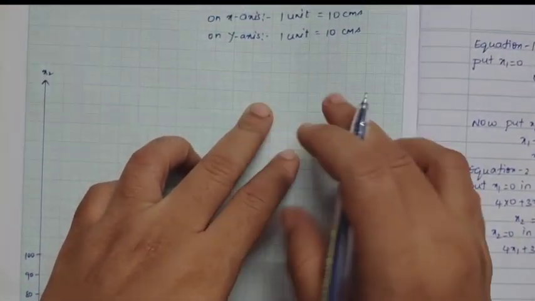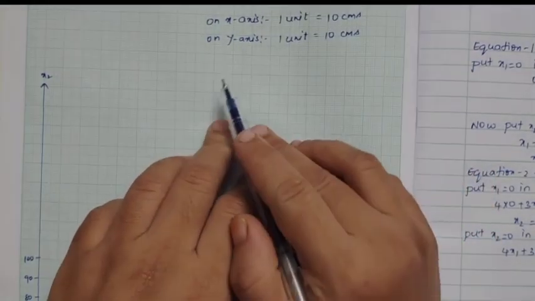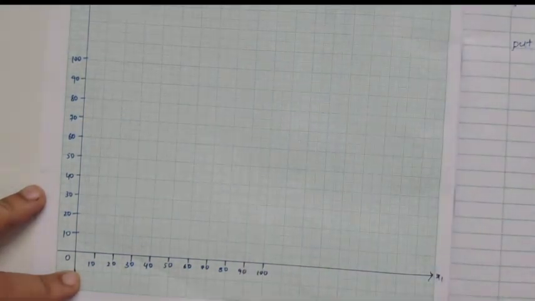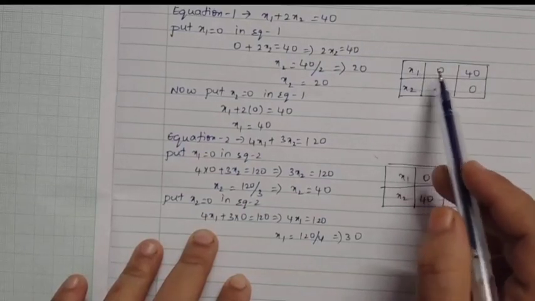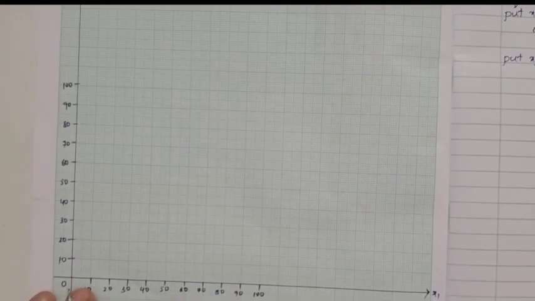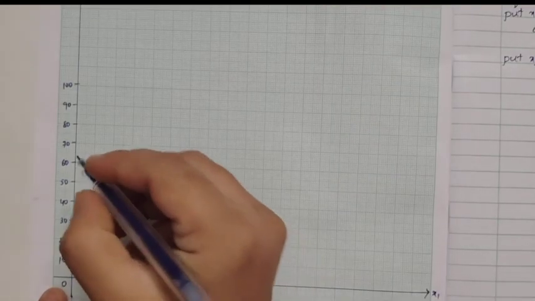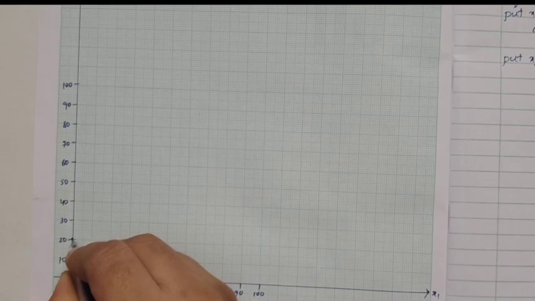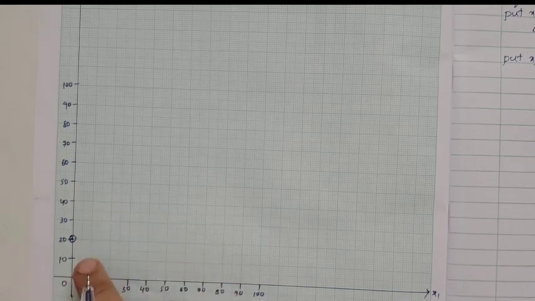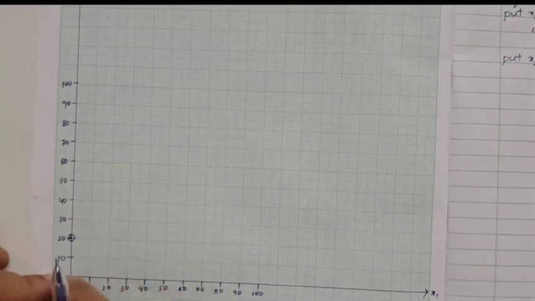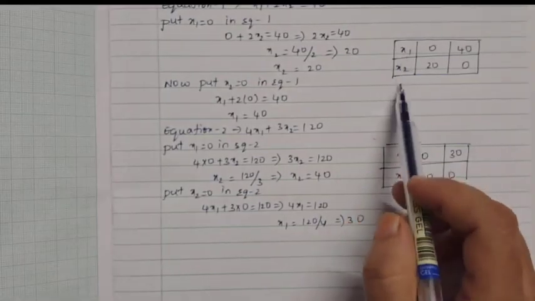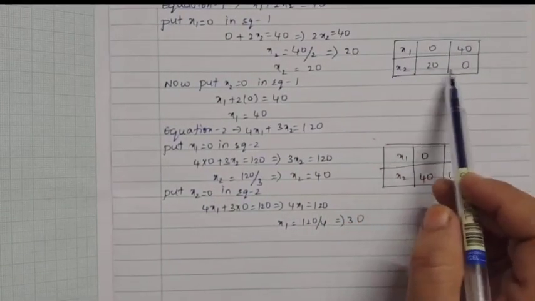On the x-axis, 1 unit is equal to 10 centimeters, and on the y-axis, 1 unit is equal to 10 centimeters. So we got our coordinates.